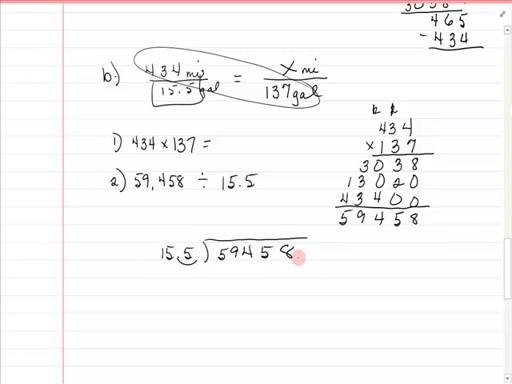One decimal. All right, let's see. It went in there 3 times. 155 times 3, that's 15. Carry the 1, that's 16. Carry the 1, that's 465. Subtract.